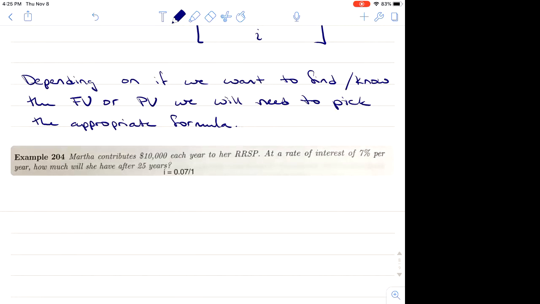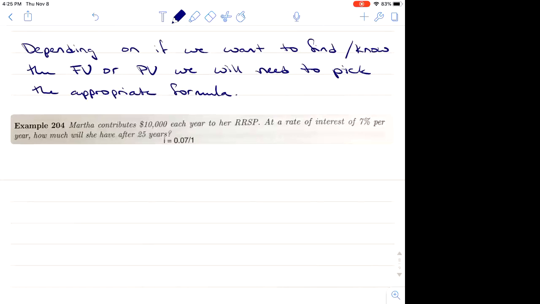At a rate of interest of 7% per year, how much will she have after 25 years? It's easy, just do 25 future values. That's all you need to do, guys. Sounds terrible. You don't have to. Let's see how we draw these timelines for annuities, because we do have to draw timelines, of course. Let's start it today, and then she's going to go for 25 years.